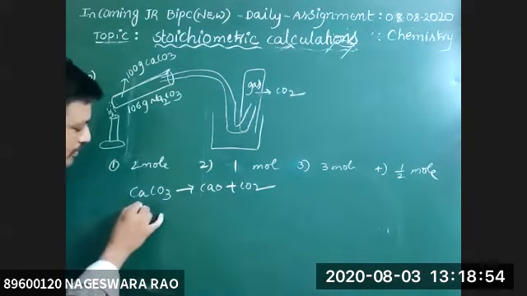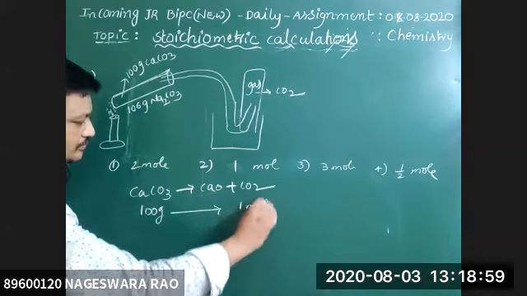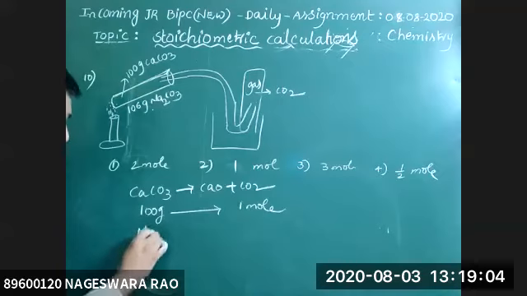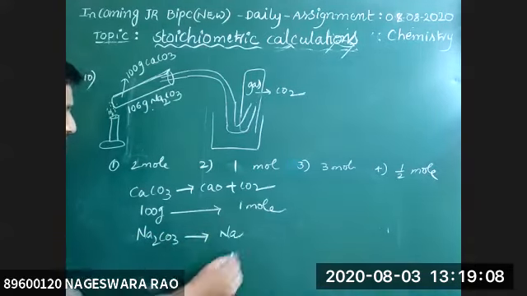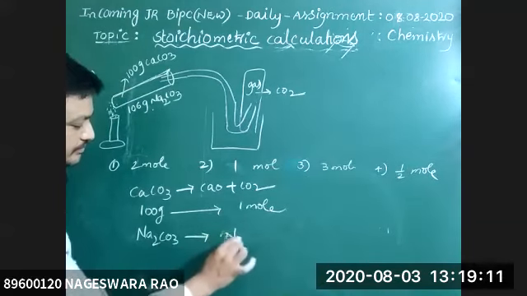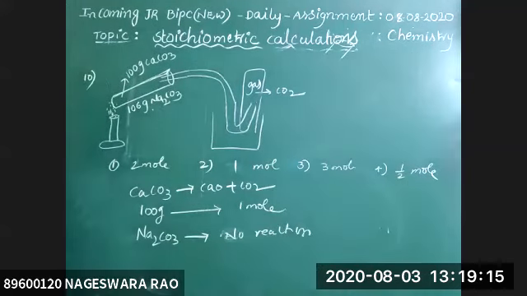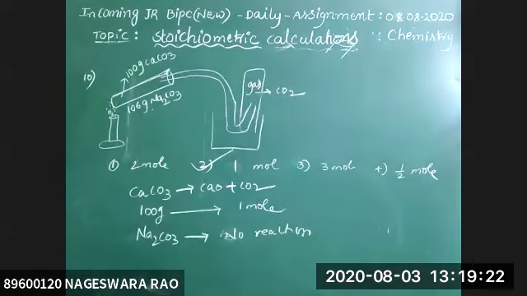Here, 1 mole, 100 grams gives 1 mole of CO2. And next, Na2CO3 does not decompose, we already know that. So no reaction. So only 1 mole of CO2 gas is formed in this reaction.